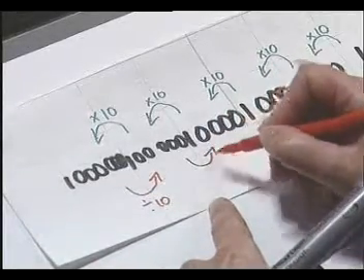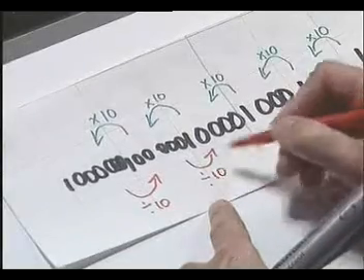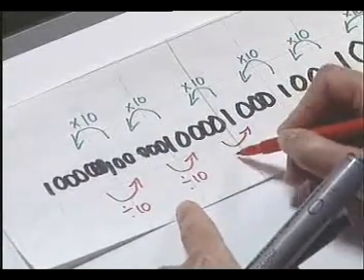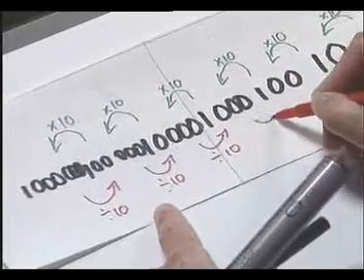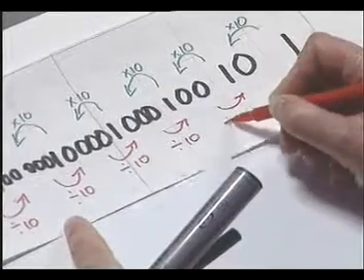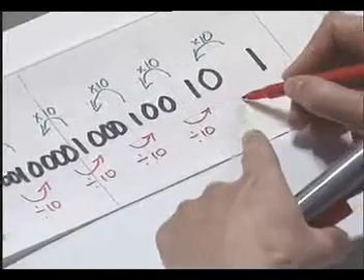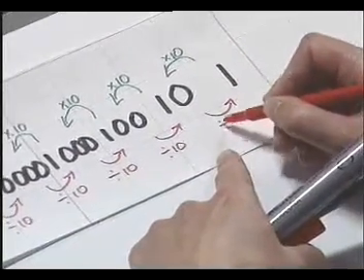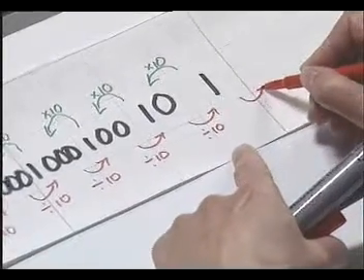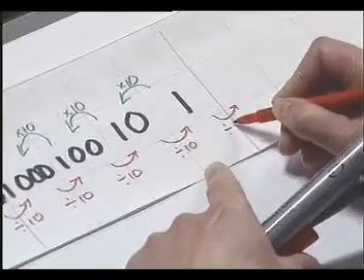So if we go this way, we're doing the reverse process. Instead of multiplying by 10, we're dividing by 10. Let's do that all the way down to 10 divided by 10 gives us our 1.